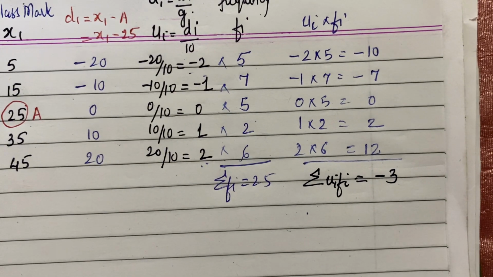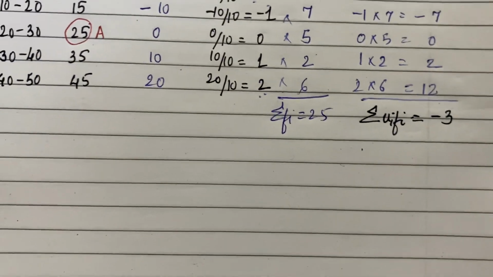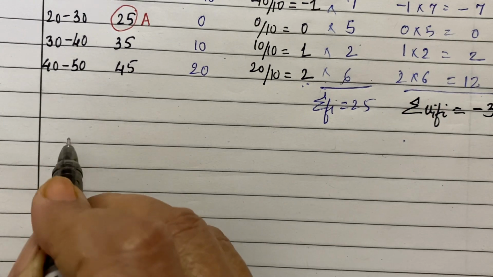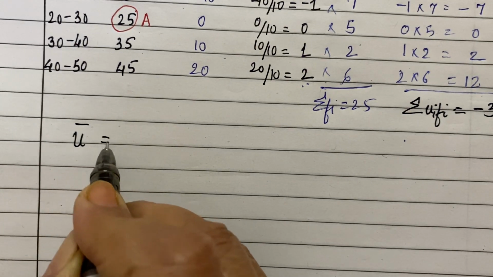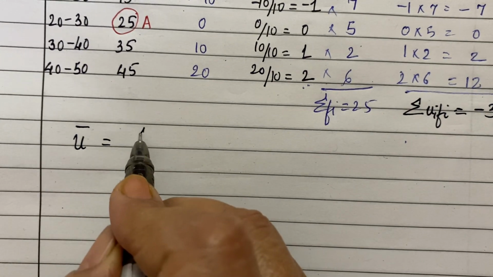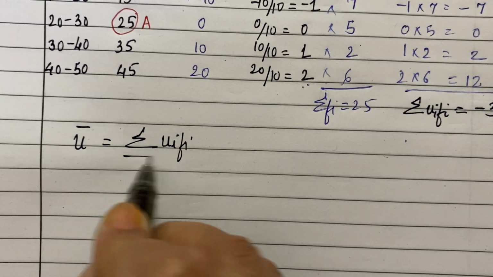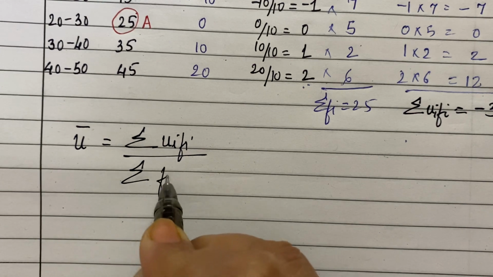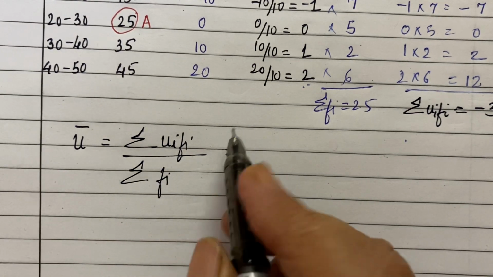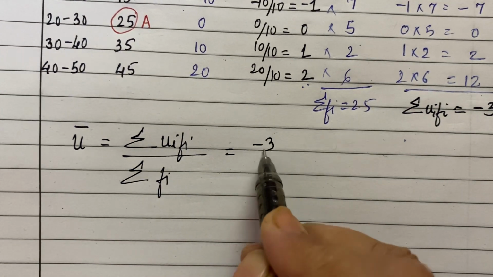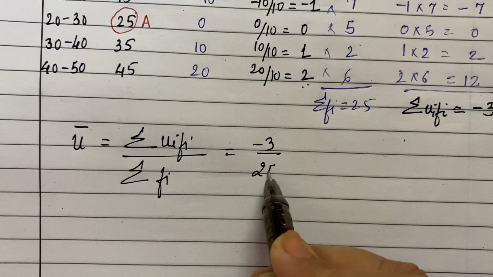Now our next thing that we have to do is to find out u bar. And that u bar is given by summation of ui into fi upon summation of fi. That means it will be minus 3 upon 25.